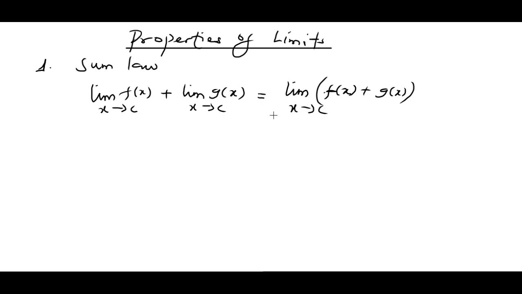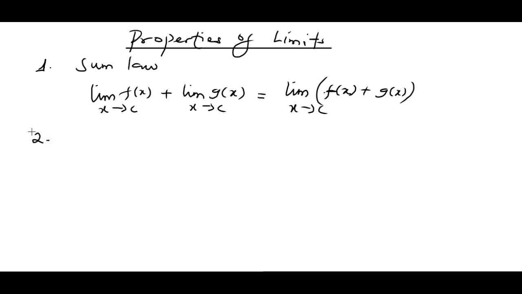What does this law state? It states that if you know the limit of two functions like this, alright, f of x and g of x as x tends to c, you can find the limit of their sum by simply adding the two limits together.